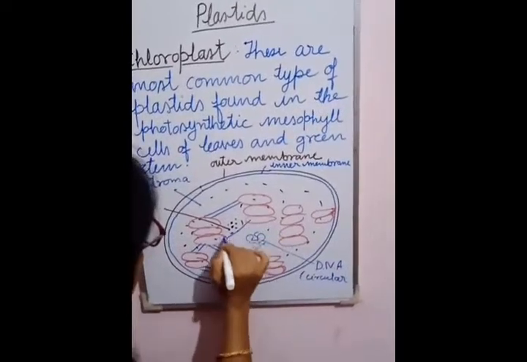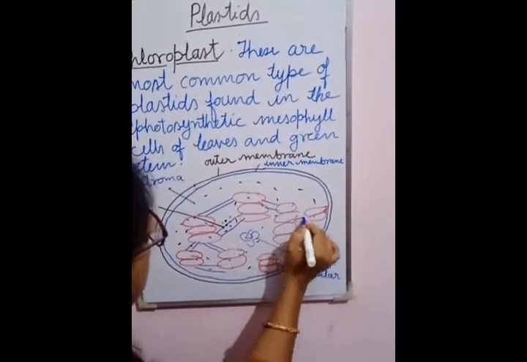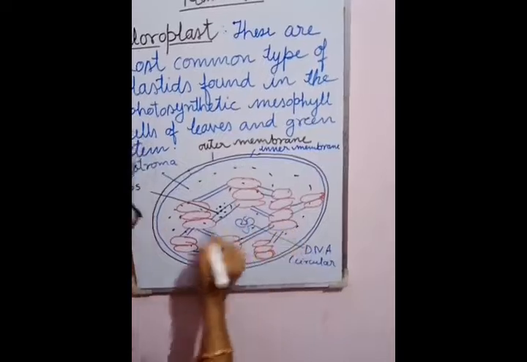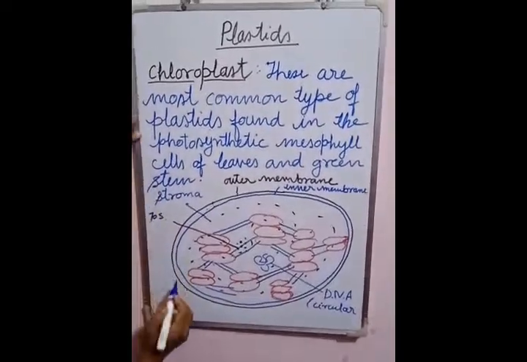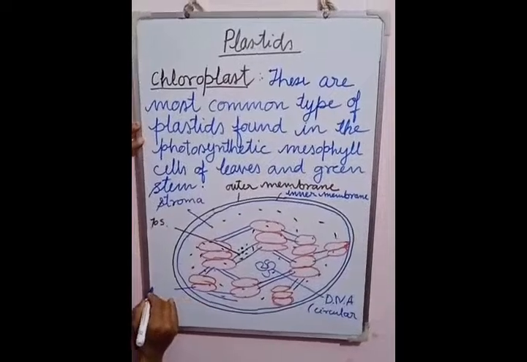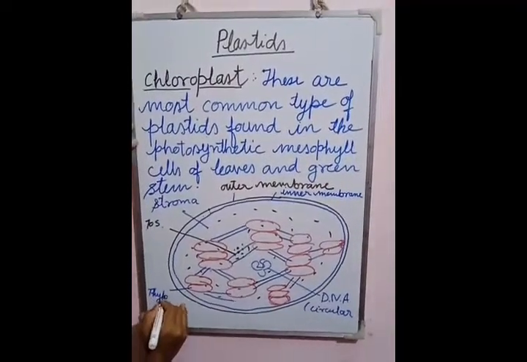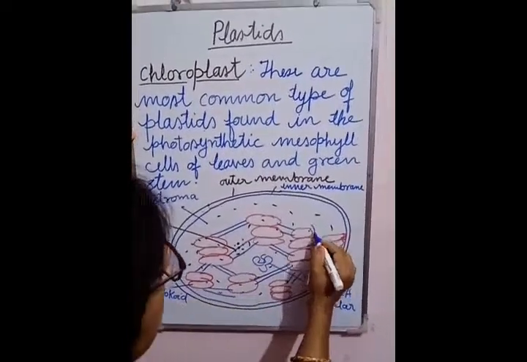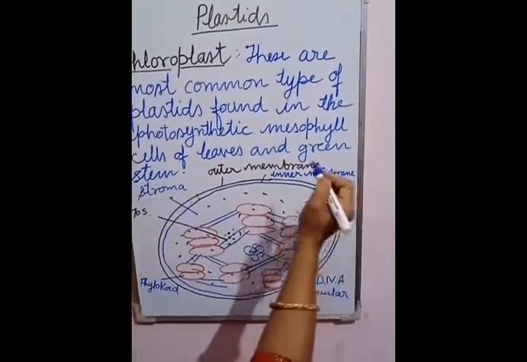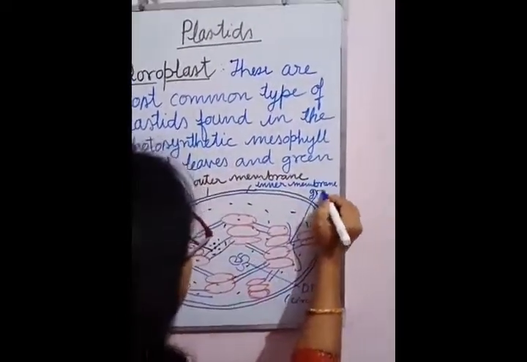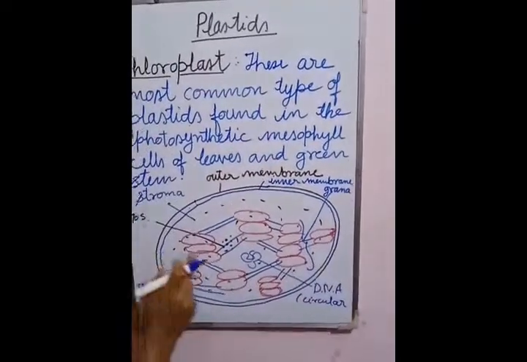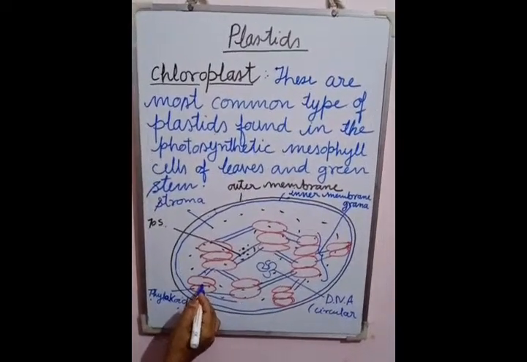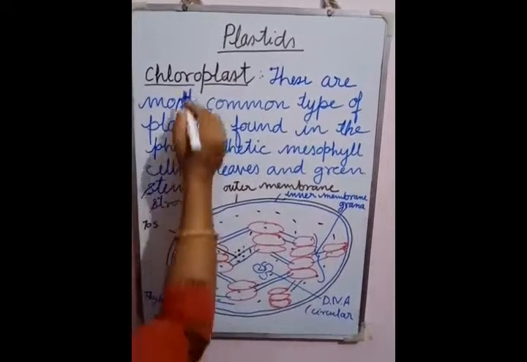These are the thylakoids and the granum. Thylakoids are the structural and functional elements of the chloroplast.